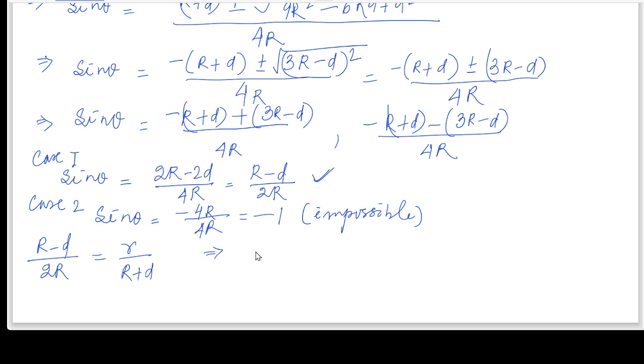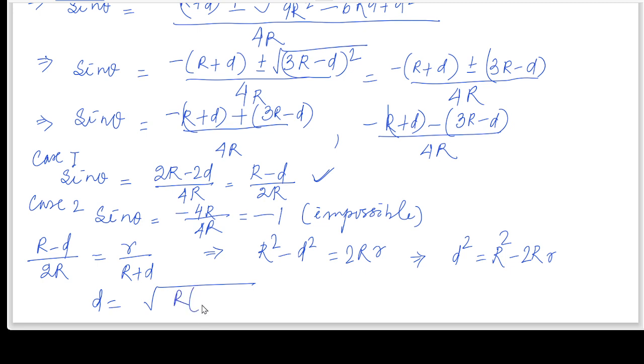So now cross multiplying, I'll get R square minus d square equals twice Rr, or d square is equal to R square minus 2Rr, and d equals square root of R into R minus 2r. So this is the application of Euler's theorem.